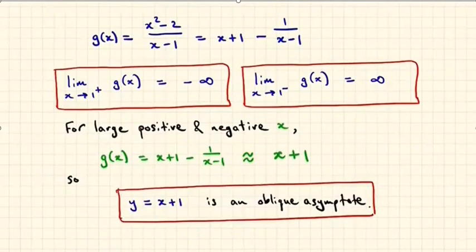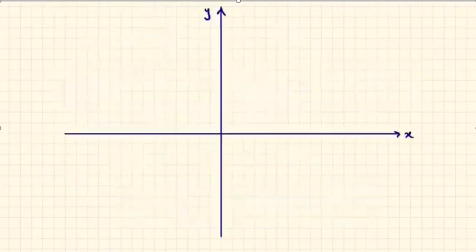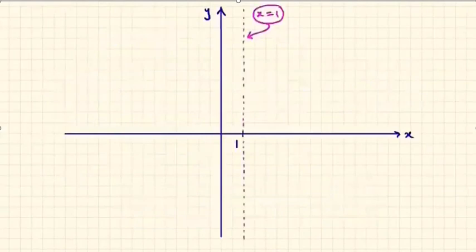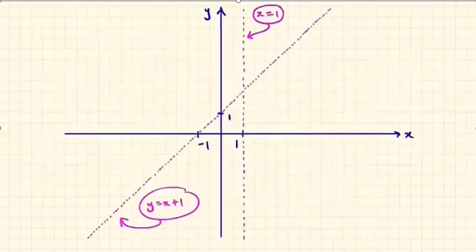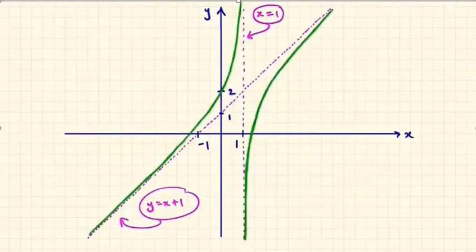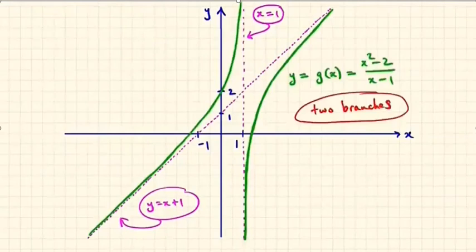We can visualize what happens. Here are the axes, the vertical line x equals 1, and the oblique line y equals x plus 1 dotted in. All of the asymptotic behavior is captured by this green curve in two pieces or branches, which is the graph of y equals g of x.